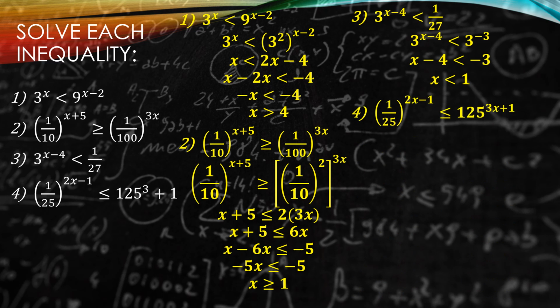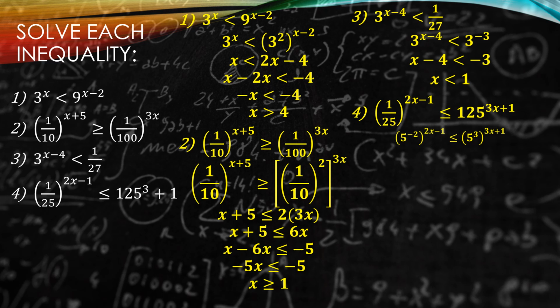So we have 1 over 25 raised to 2x minus 1, and that is less than or equal to 125 raised to 3x plus 1. So, ang ginawa ko dito, yung both na bases niya, ginawa kong 5. So, yung 1 over 25, that is equal to 5 raised to negative 2, and then raised to 2x minus 1.